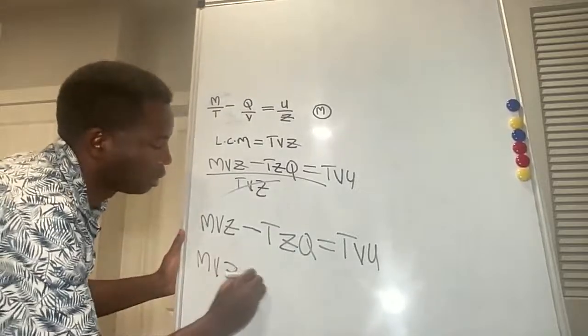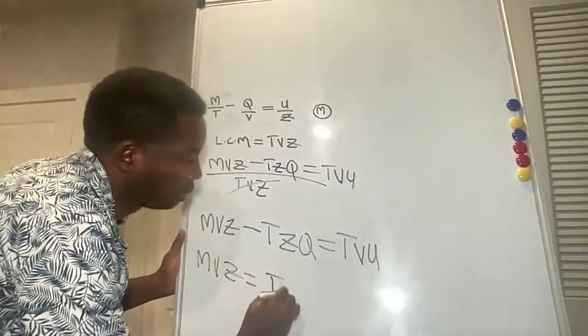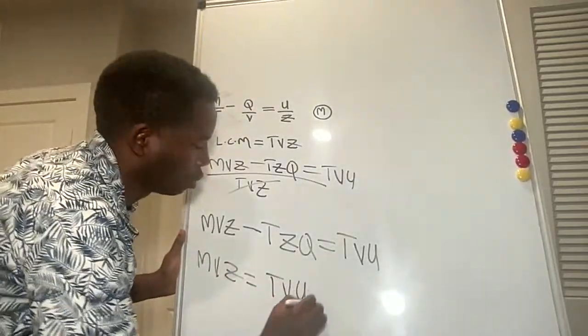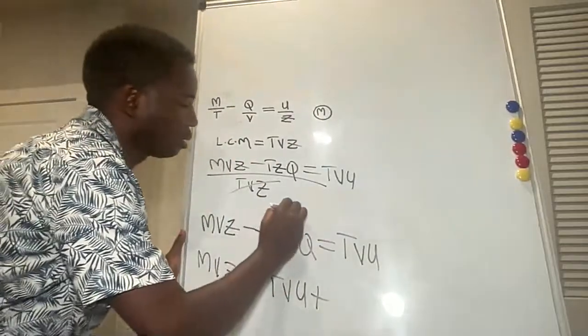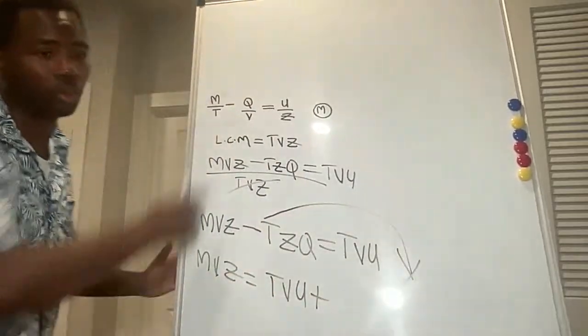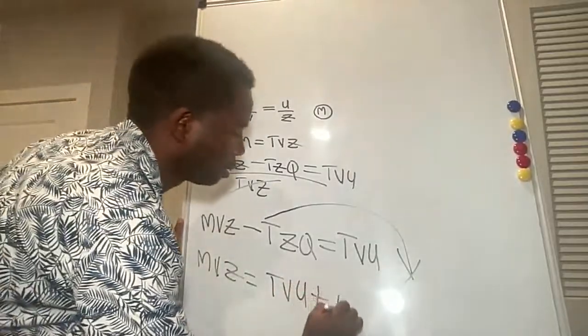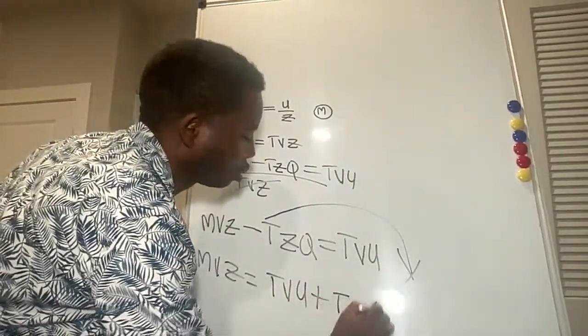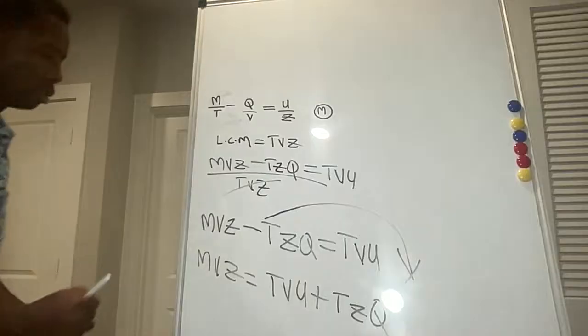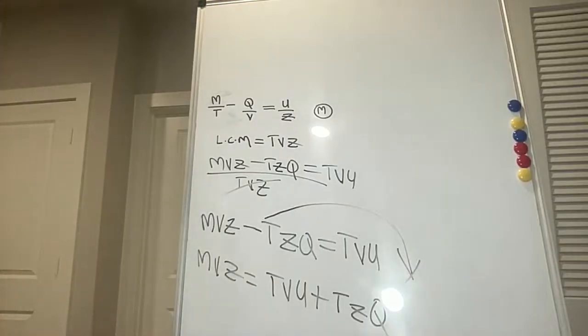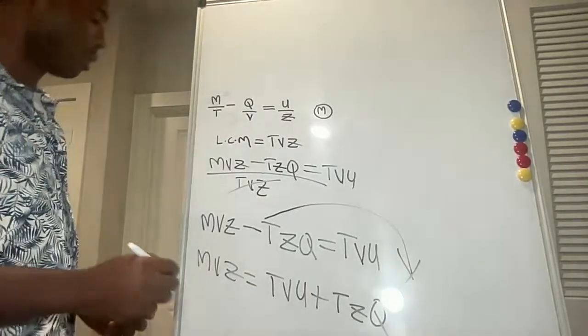MVZ is equal to TVU plus TZQ. Moving across the equation, it becomes plus because it was minus before. Now, what next?